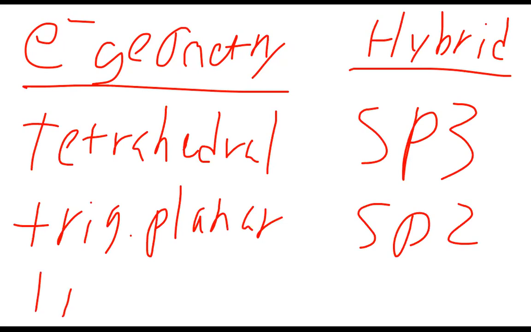And if you are linear, you are SP. All right. And that's your quick cheat sheet. So go ahead and get that copied down, and then we'll go back to the book problem. Or the AP practice problem, that is. Just let me know when you're done.